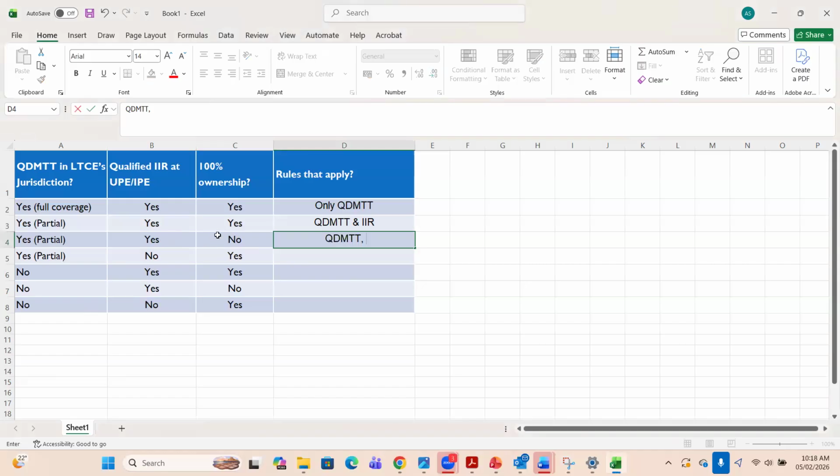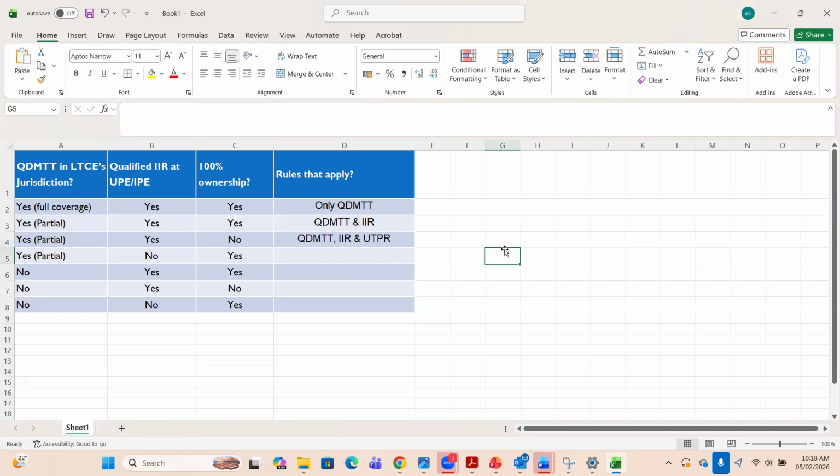Inclusion ratio is not 100%, right? So even though IIR is there, it does not calculate 100%. So there would be residual top-up taxes after IIR, and hence UTPR will also be there. Are you understanding this? It's pretty straightforward. It's a scenario, right?